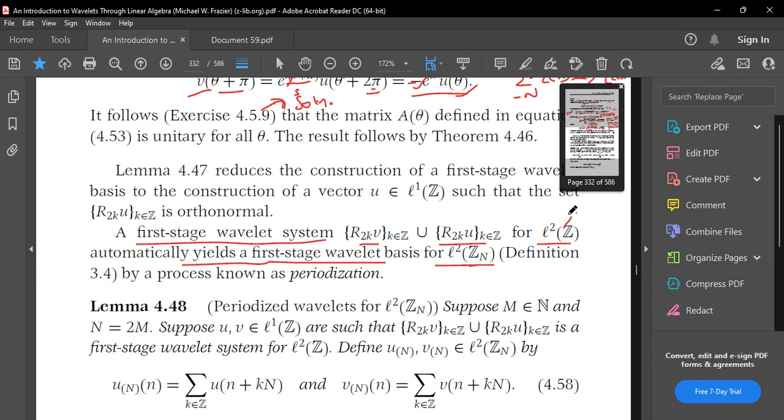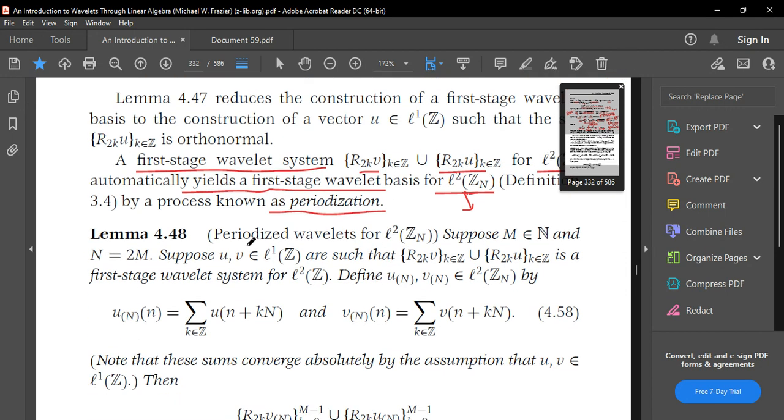So a first stage wavelet system in the infinite case will yield a first stage wavelet basis for the finite case. This process is known as periodization, and there is a lemma for periodization: periodized wavelets for L2 of Zn, finite. Here it is finite, and we have arrived here from the infinite case.